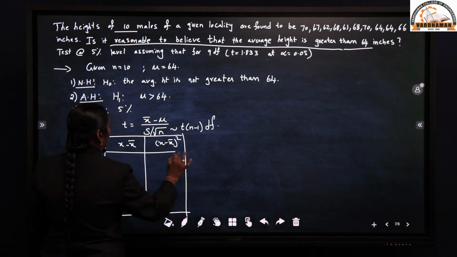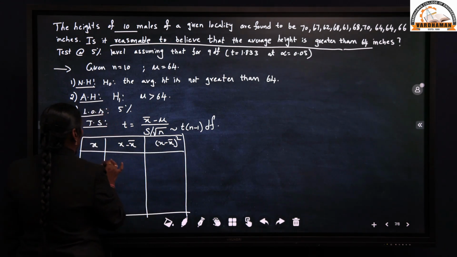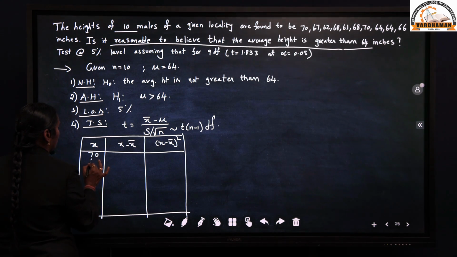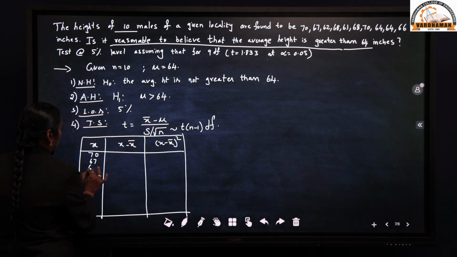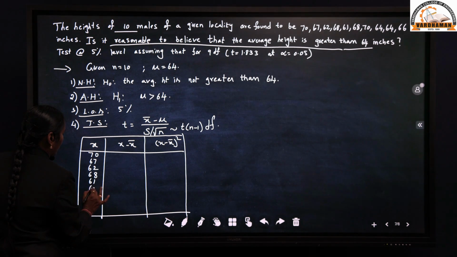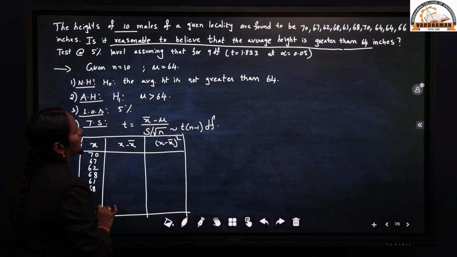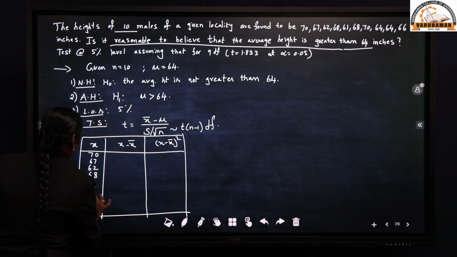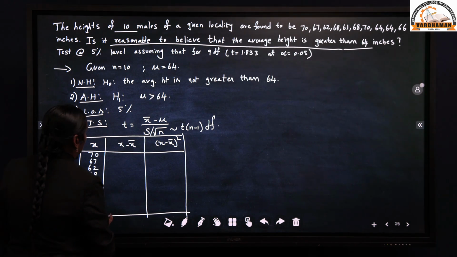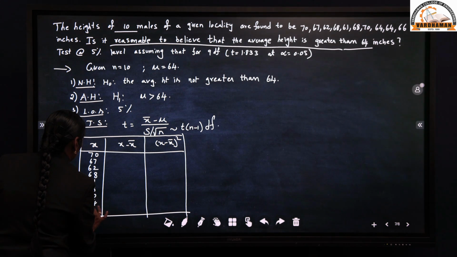So now the 10 observations of x are 70, 67, 62, 68, 61, 68, 70, 64, 64, 66.